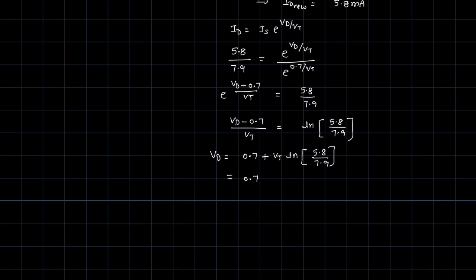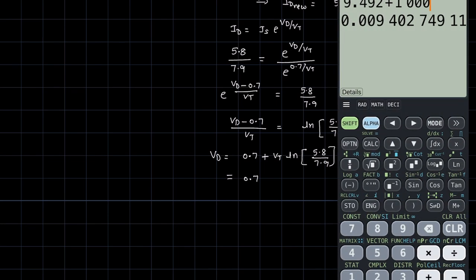Let's take the calculator: 0.7 plus 0.025 times the natural logarithm of 5.8 over 7.9 gives 0.692 volts.